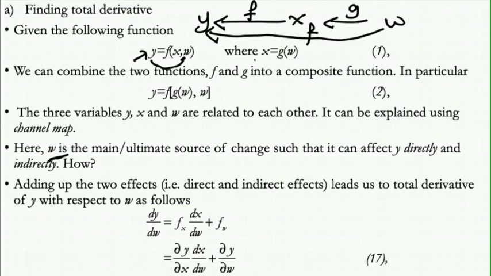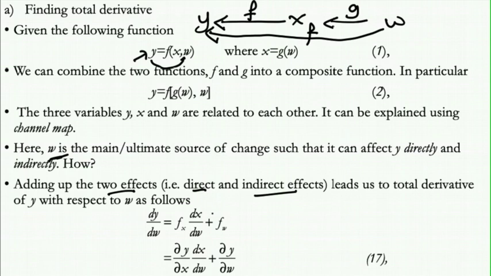Now, in this case, because these two things happen simultaneously, how can we know what happens to y if w and x change simultaneously? All right, so we need to add up the two effects, direct and indirect effects. Then the direct and indirect effects here lead us to the total derivative of y with respect to w as follows.